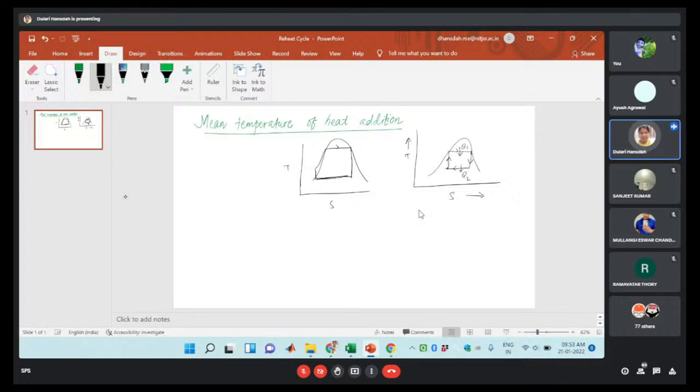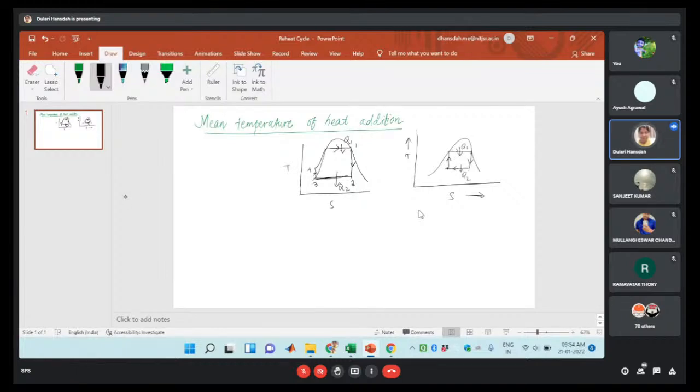So in case of the Rankine cycle, if you remember, this is 4, 3, 1, 2, right? So 4 to 1, there will be the heat addition, which is done at constant pressure. Then heat rejection, which is also at constant pressure. Both the processes 1 to 2 and 3 to 4 are reversible adiabatic.